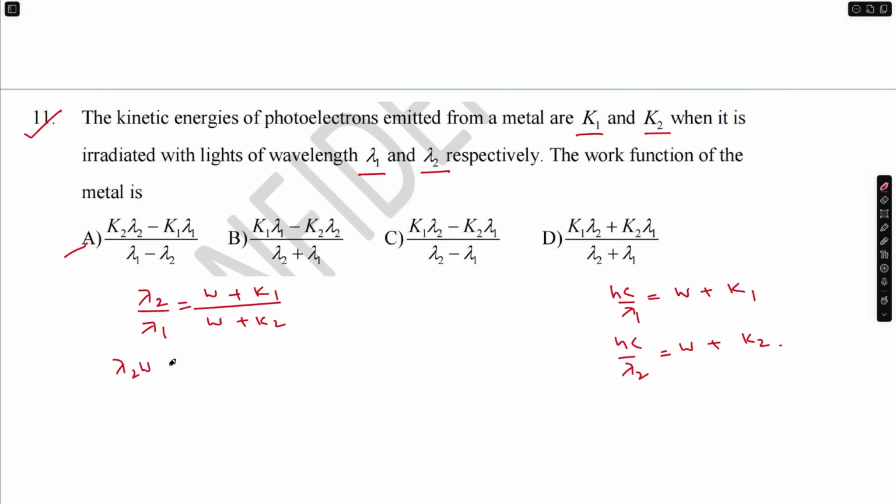Lambda 2 work function plus lambda 2 K2 is equal to lambda 1 work function plus lambda 1 K1. So the work function is lambda 2 K2 minus lambda 1 K1 by lambda 1 minus lambda 2. Got it.